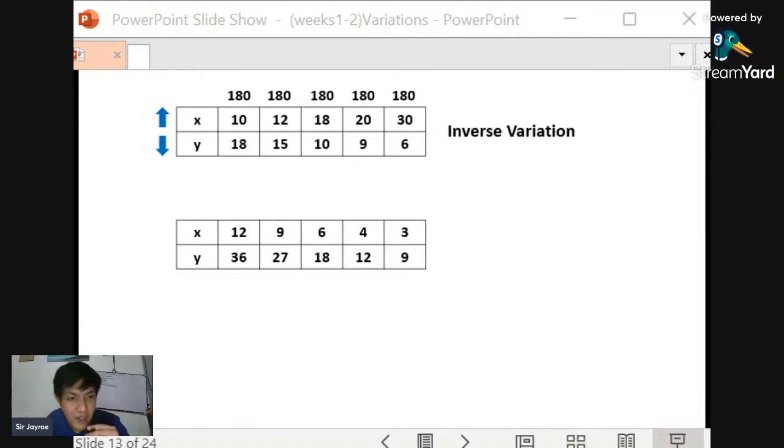Okay. So ano kaya ang sagot? So direct variation. So 3 ang constant.